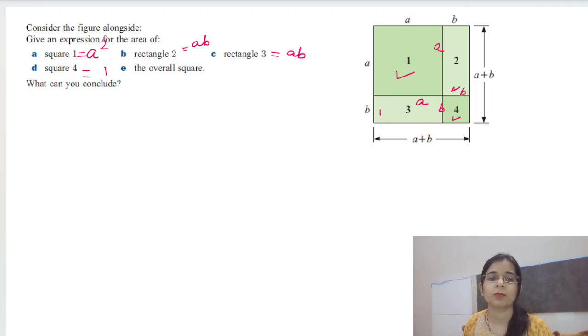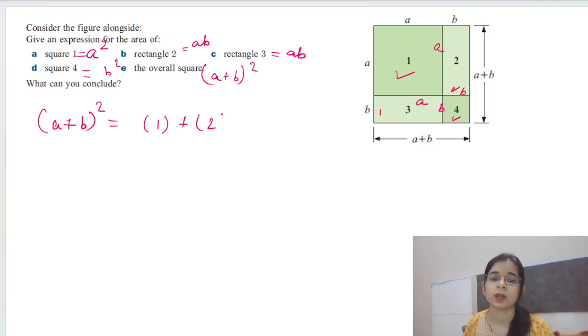So that is b square, and the overall square is basically (a plus b) the whole square, because length is same. And the area of the overall square is nothing but the area of 1 plus 2 plus 3 and plus 4.